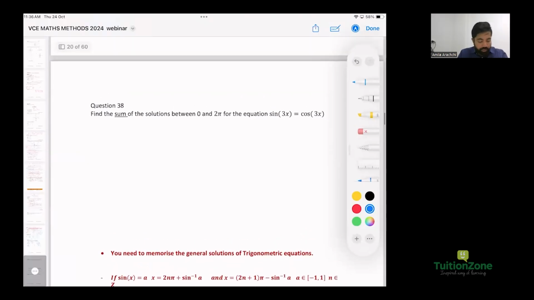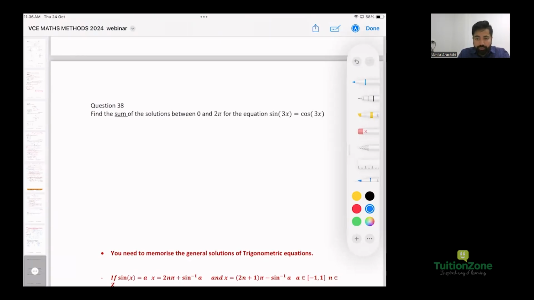All right, this question: find the sum of the solutions between 0 to 2 pi of sine 3x equals cos 3x. Are you all happy? You know how to solve the tricky equations? You want to try one question maybe? This is tech-free as well.